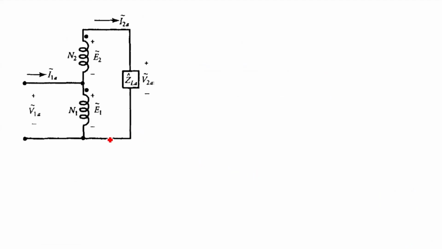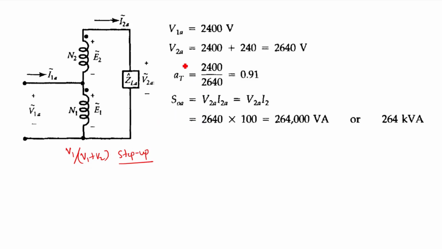Similarly, let us consider another step-up configuration, that is V1 by V1 plus V2. Under this step-up configuration, V1A is equal to E1, or equal to V1, that is 2400 volt, and V2A will be equal to V1 plus V2, 2400 plus 240, 2640 volt.